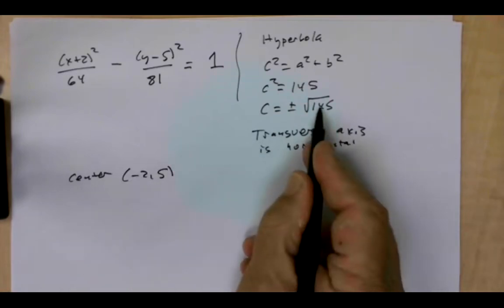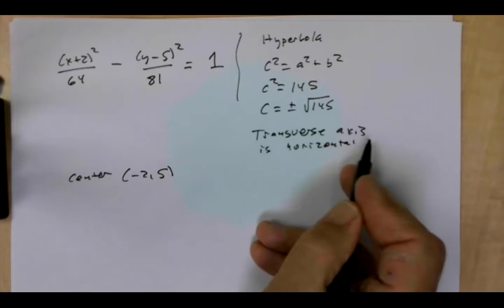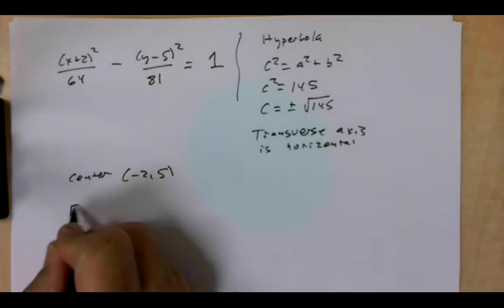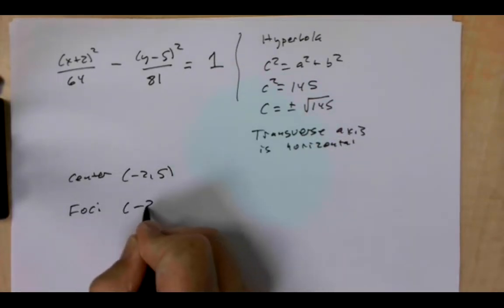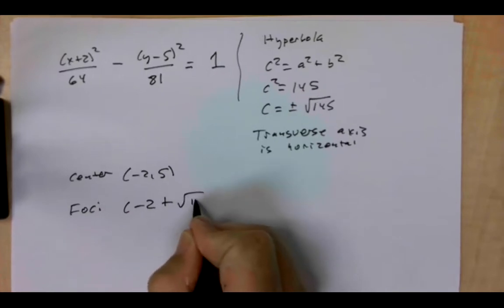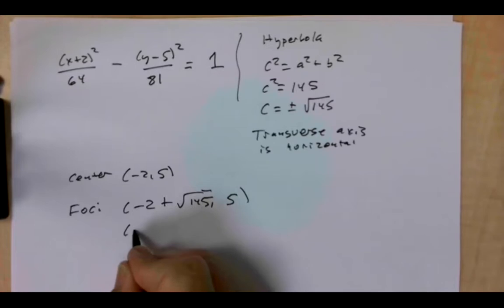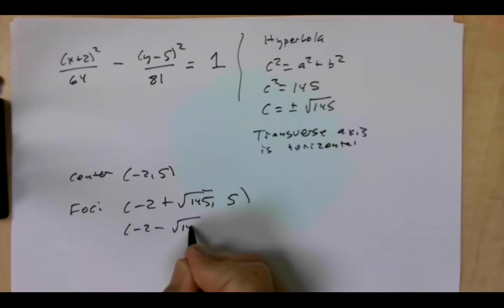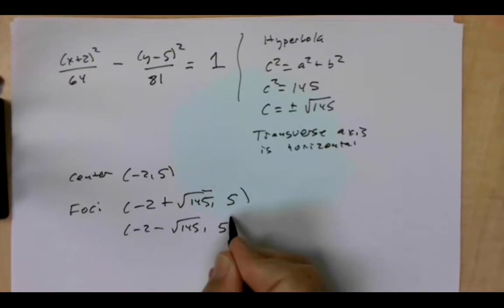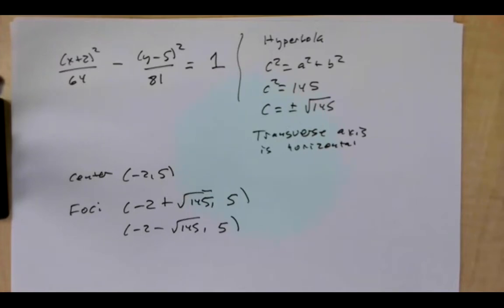We're going to go √145 in the x direction because it's horizontal. So our two foci will be -2 plus √145, comma 5, and -2 minus √145, comma 5.